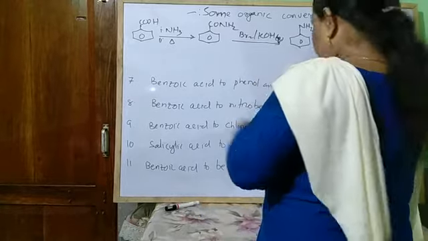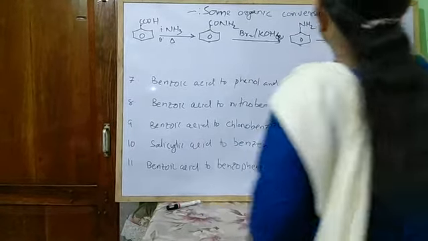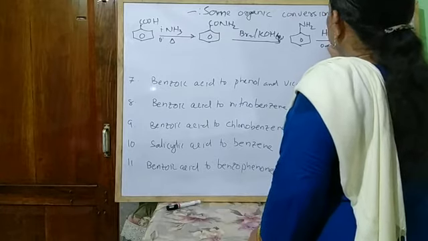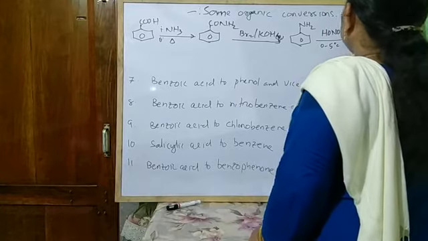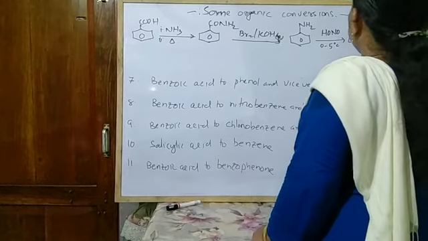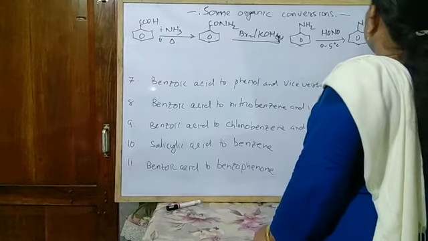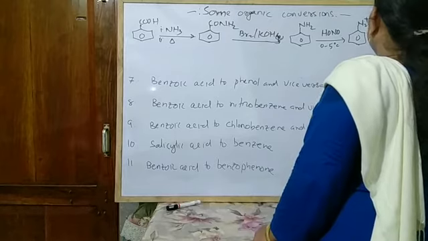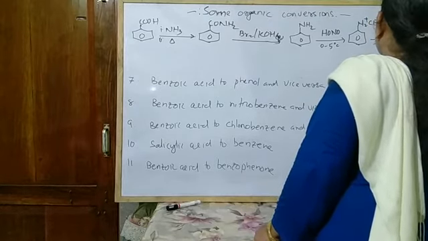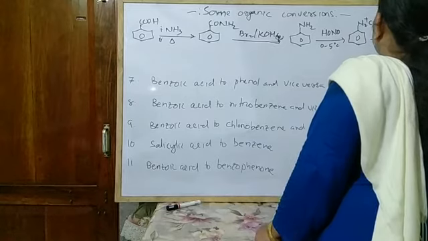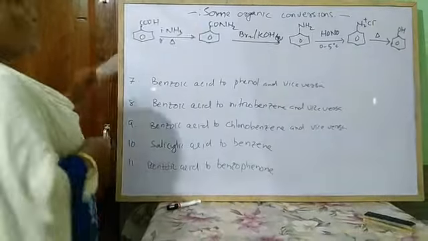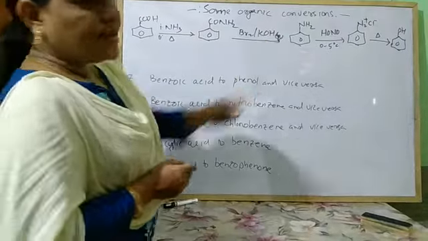And aniline, when treated with nitrous acid, if the temperature is 0 to 5 degrees Celsius, first it forms benzene diazonium chloride, which on heating forms phenol. So either benzoic acid to phenol, directly this.